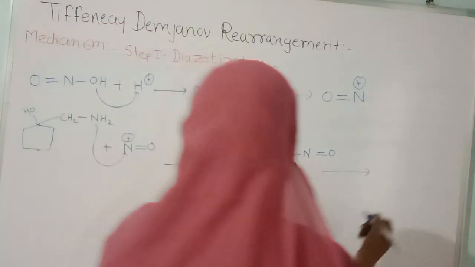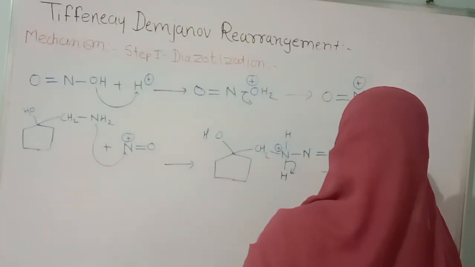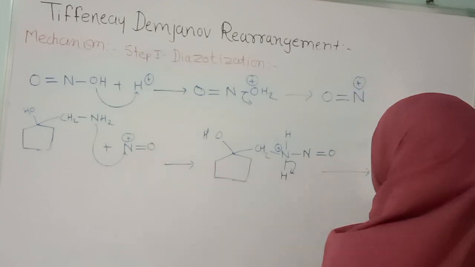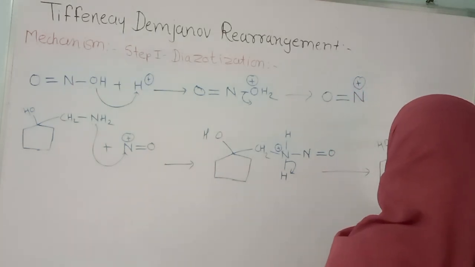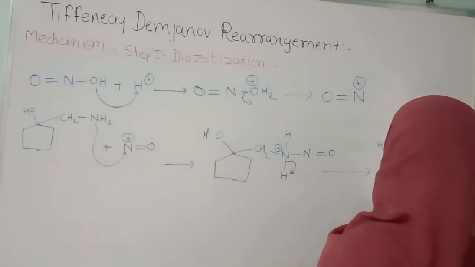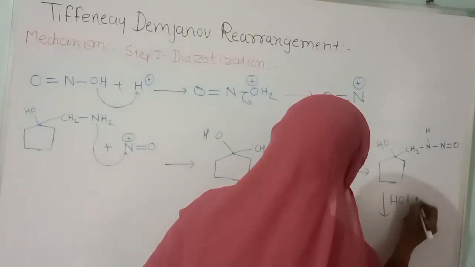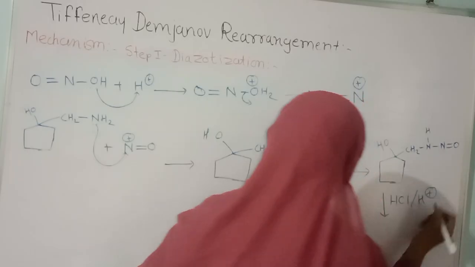Then CH2 NH N double bond O. Then it is again treated with HCl or H plus.